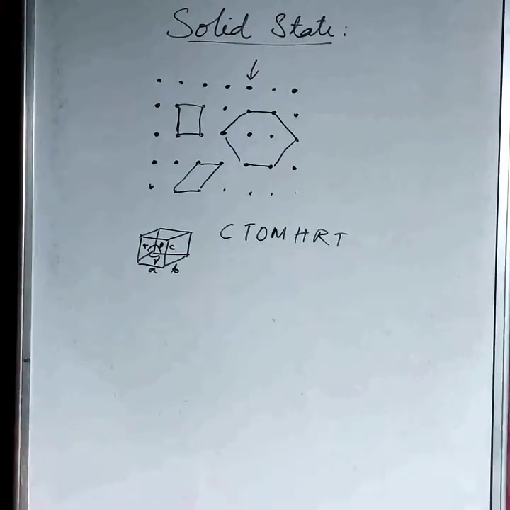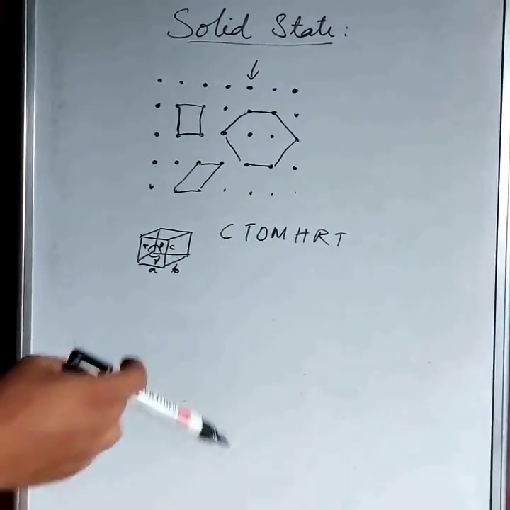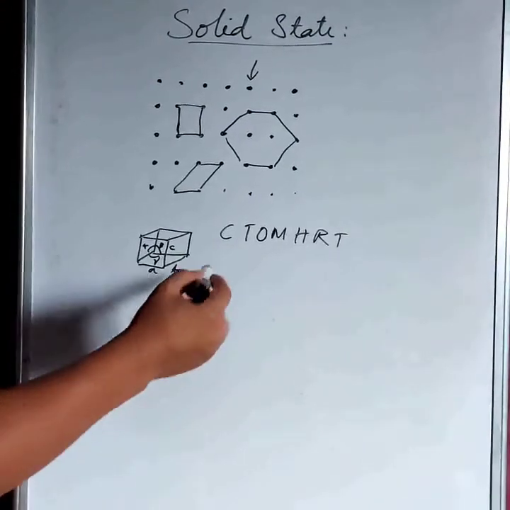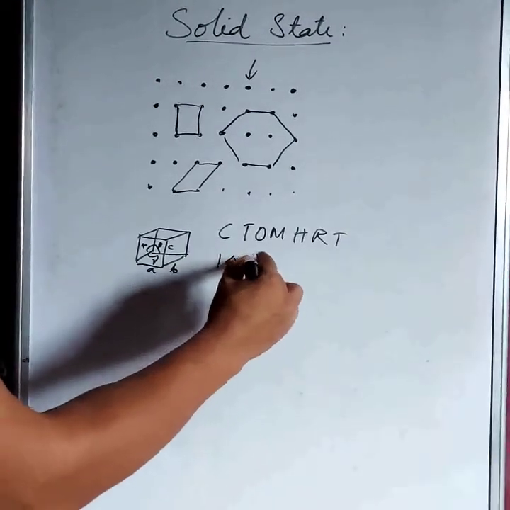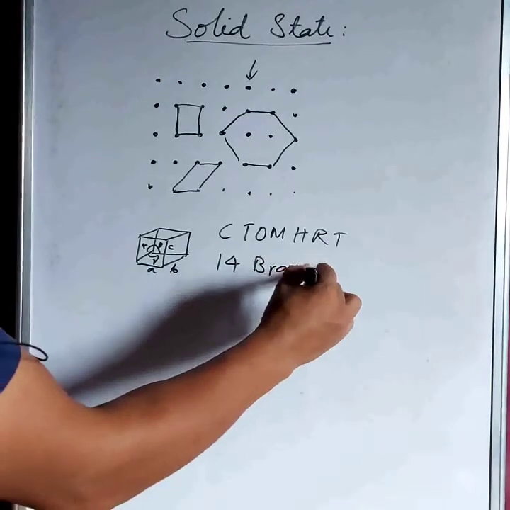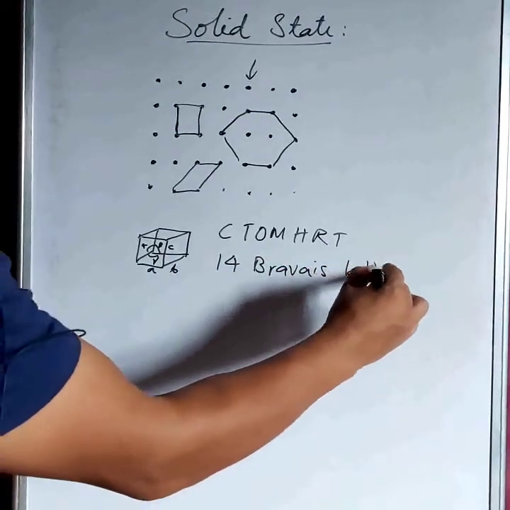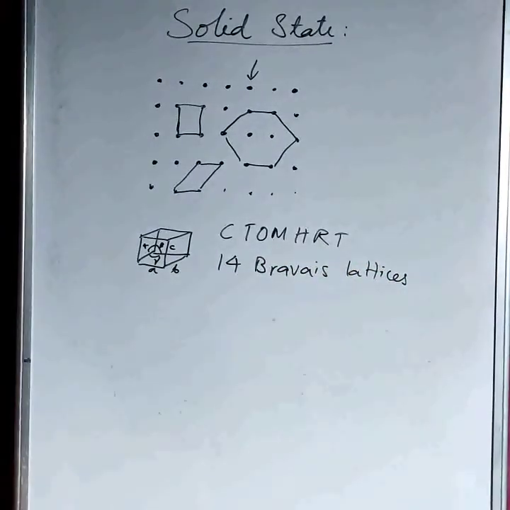So those are the 7 crystal systems, and this generates the 14 Bravais lattices.